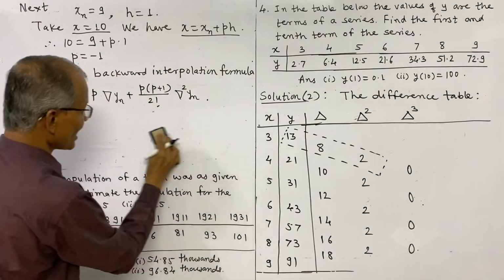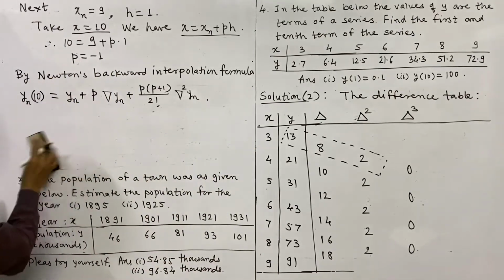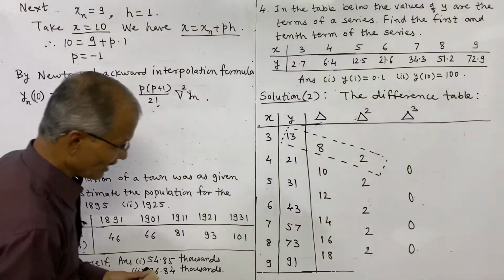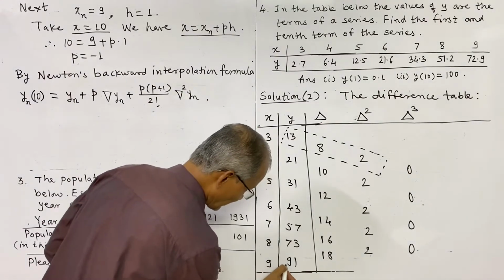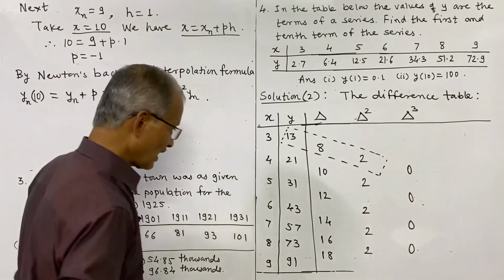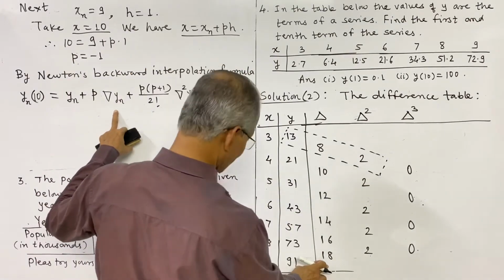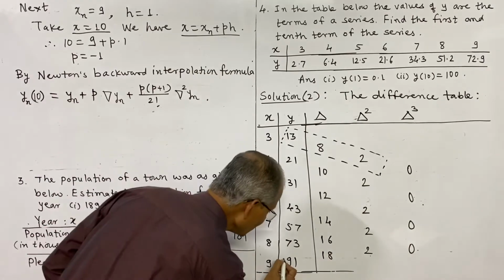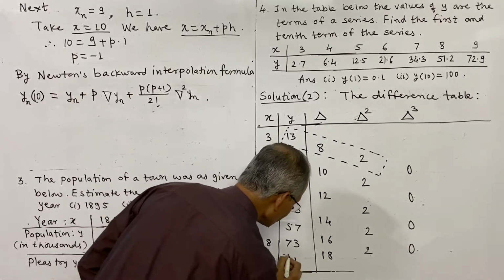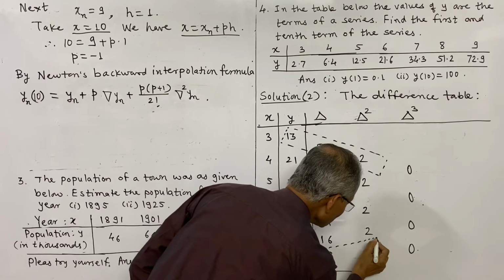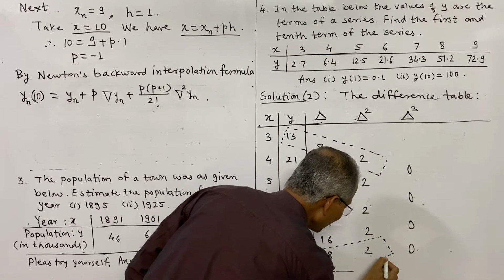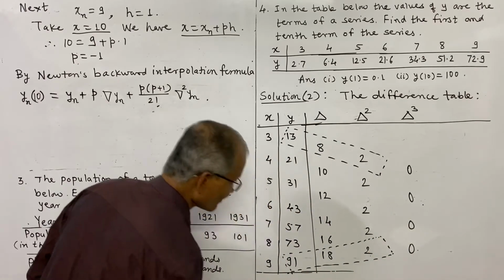These values are at the end of the table, yn. So this is the value of yn, that is actually y9, and then del yn is this value. Backward differences at the end will be these values. 0 we will not consider, and therefore these are the required values.